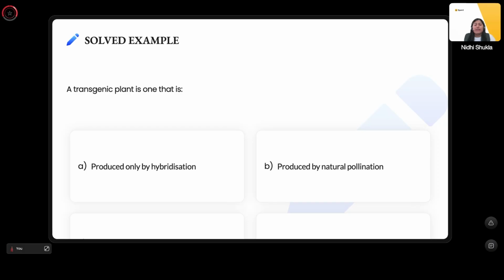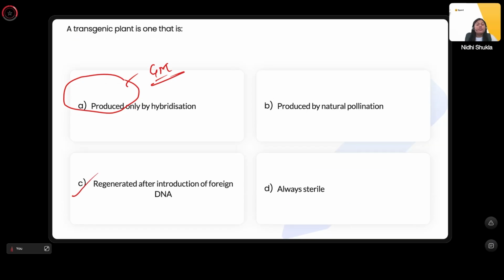In this we are being asked about a transgenic plant. A transgenic plant, which can also be called a genetically modified plant, is one that is produced only by hybridization, produced by natural pollination, regenerated after introduction of foreign DNA, or always sterile. So your genetically modified plant is regenerated after introduction of foreign DNA.